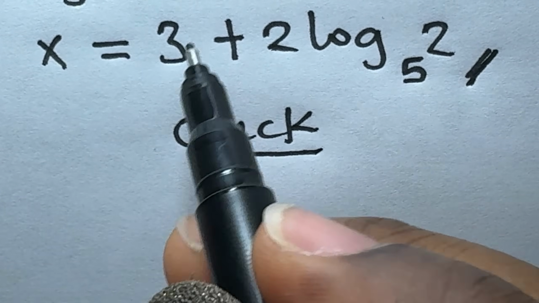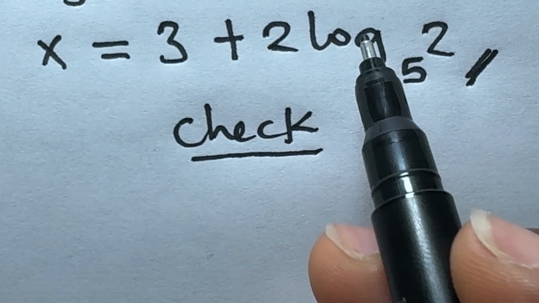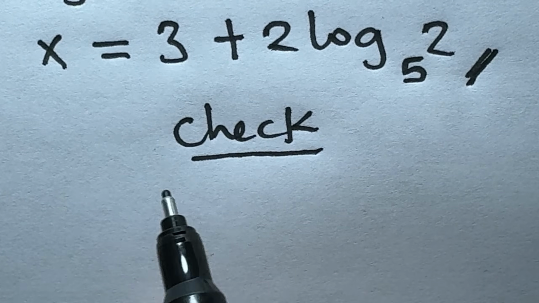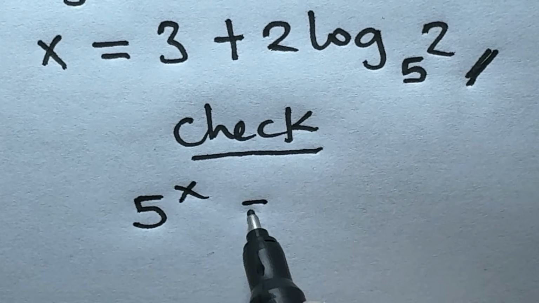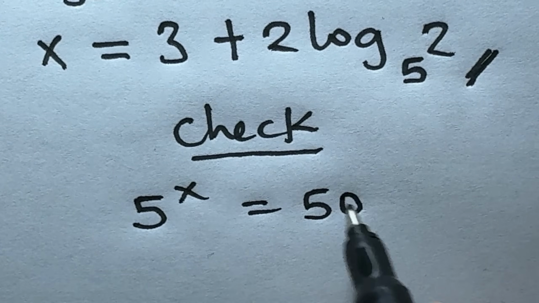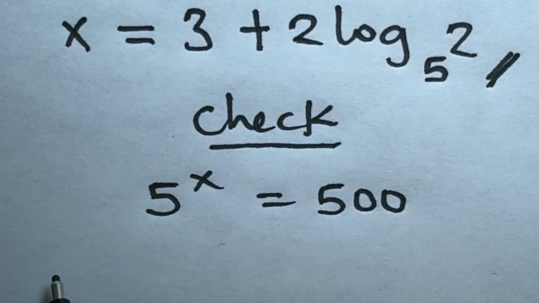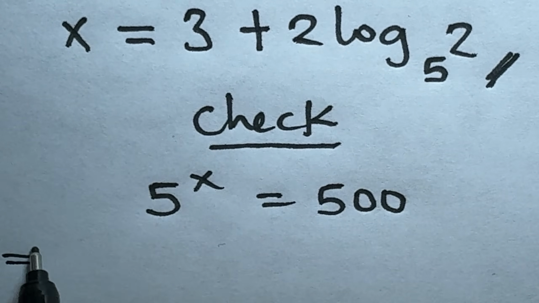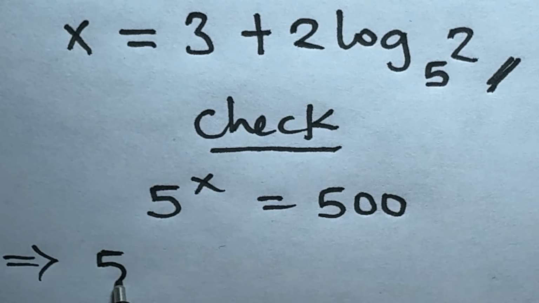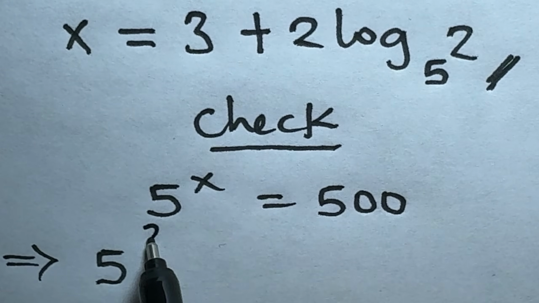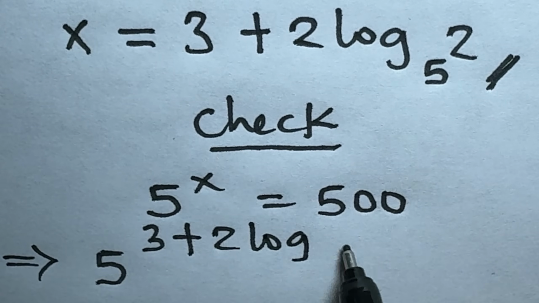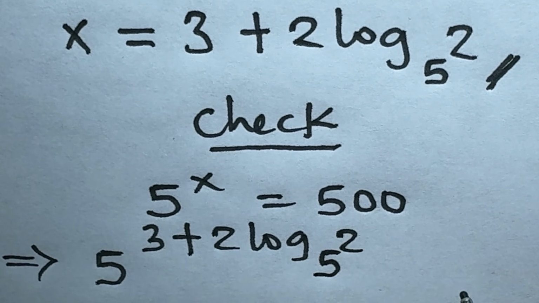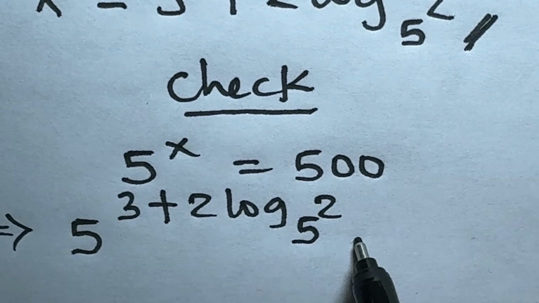By checking, we mean substitute the value we just got for x into the given equation, which was 5 raised to power x equal to 500. This will imply 5 raised to power x is 3 plus 2 log 2 base 5, then to give us 500.